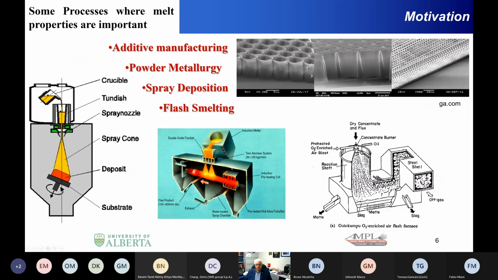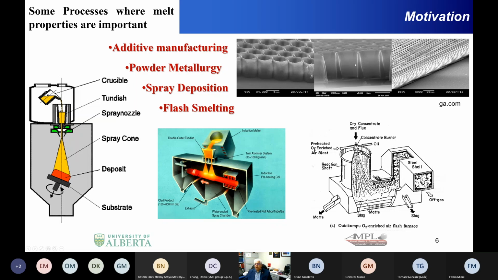Lots of spray processes, both in extractive metallurgy. This is sort of an Outokumpu flash smelter. This is a spray deposition system, and this is a gas atomizing system. And all of these require very good knowledge of these 3 properties if we're able to control them and know how to operate these processes for different materials.